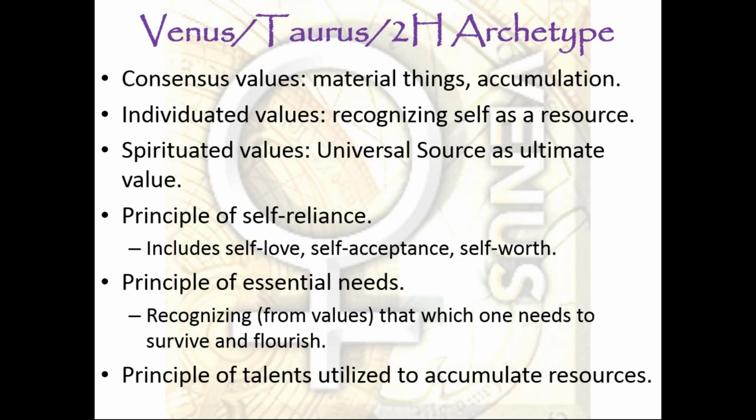So when we are not in healthy relationships with that polarity, Scorpio 8th house, many times the relationship won't work out and we get thrown back upon ourselves to learn this Taurian lesson of self-reliance.